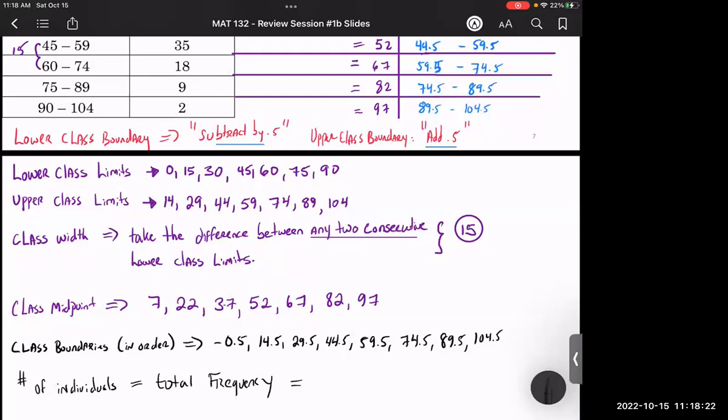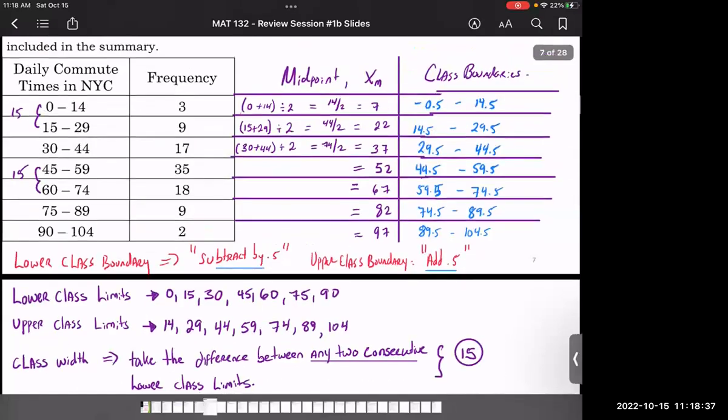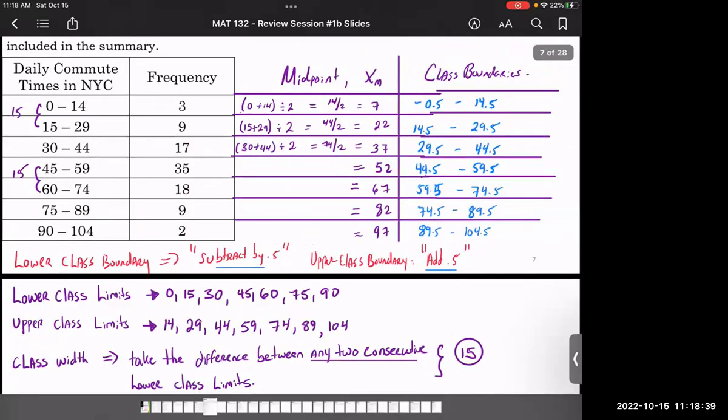And mathematically, we use the sigma notation, the Greek letter sigma, to represent the sum. So we're taking the sum of all of the frequency for each class. So just quickly, looking at the frequency column, if you were to add up the values 3, 9, 17, 35, 18, 9, and 2, you would have your sum of f.